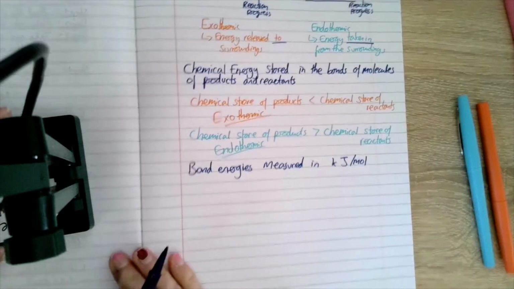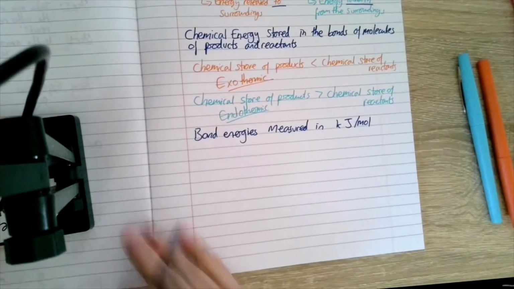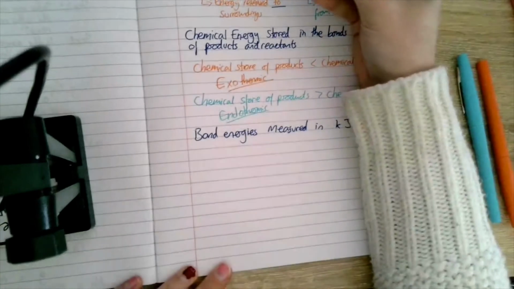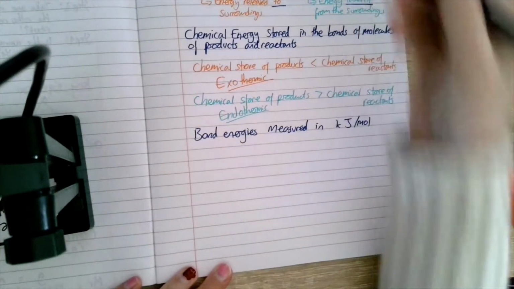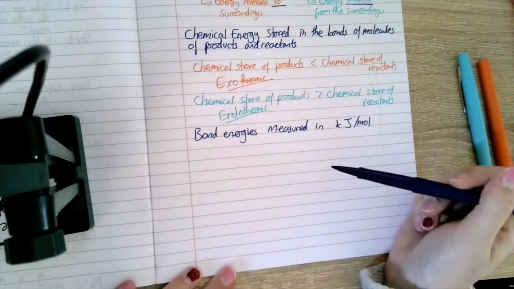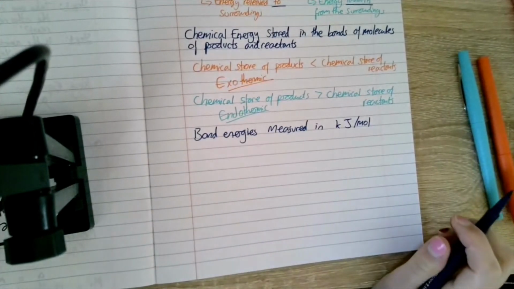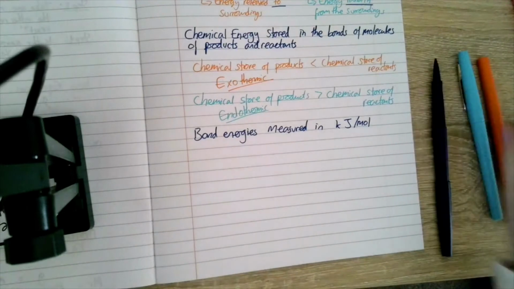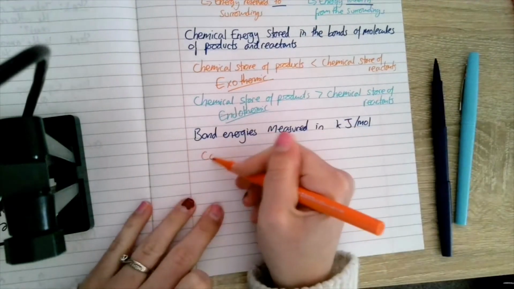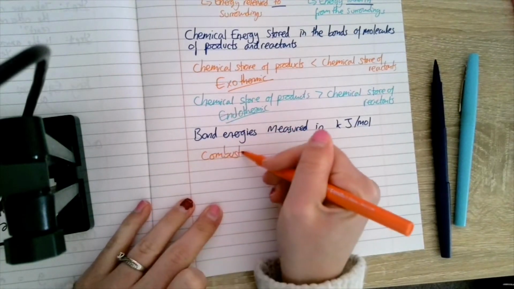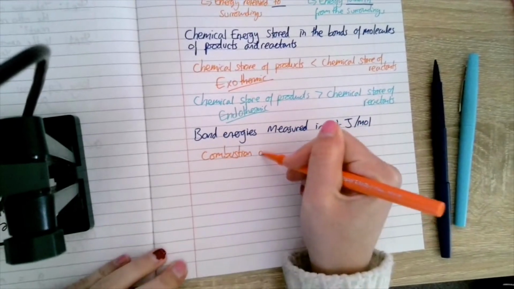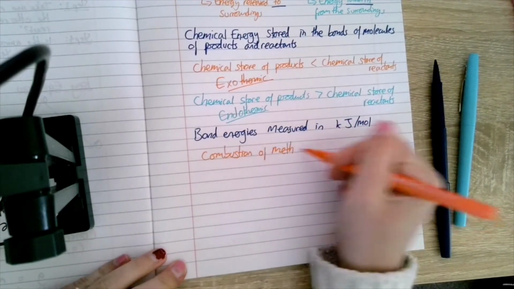And the way in which we need to think about those is what's happening to our reactants and our products in order for a reaction to happen. So we're going to look at an example of the combustion of methane, which we know is an exothermic reaction as it is a combustion reaction.